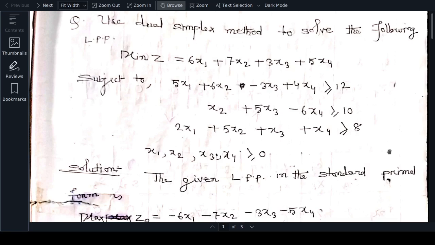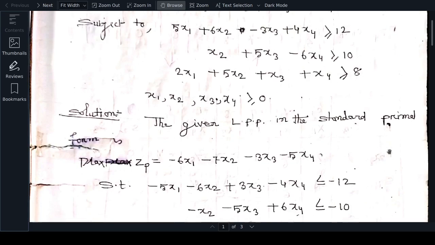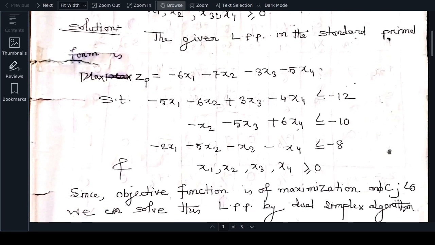So how to convert it into maximization? By the minus sign. So first we write maximize z equal to minus 6x1 minus 7x2 minus 3x3 minus 5x4.